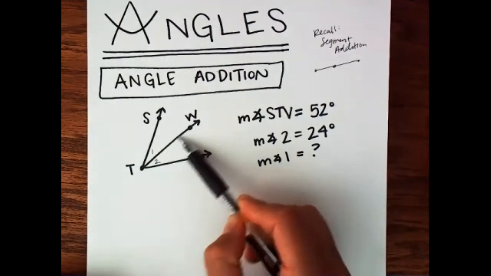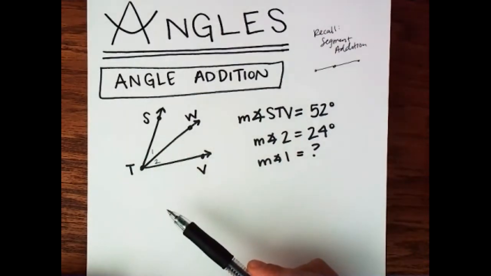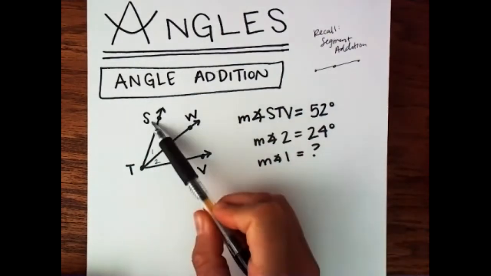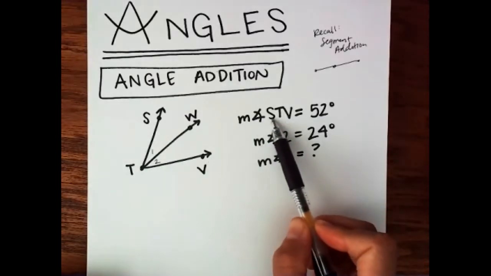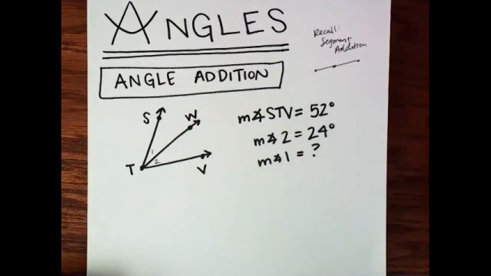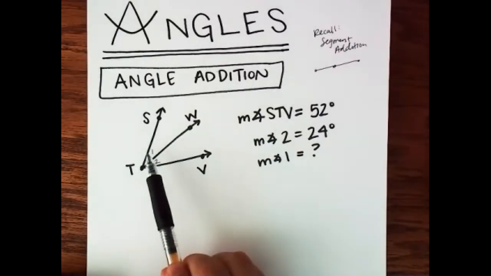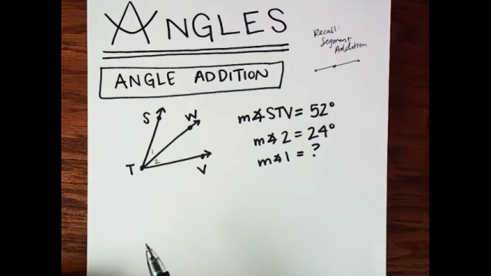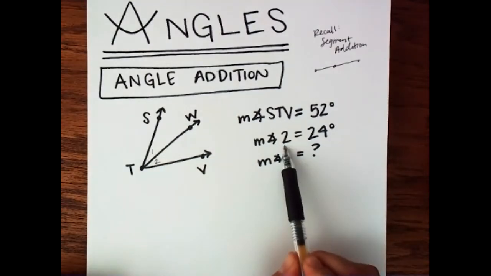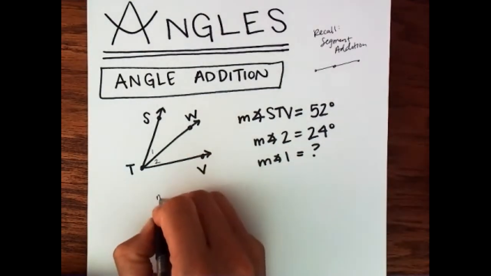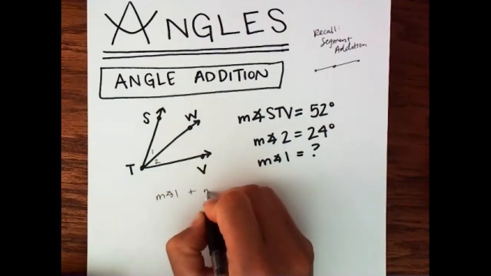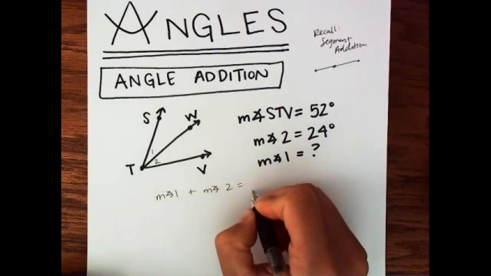So if you see here, we're actually given the measurement of our big angle, which is angle STV. Says it's 52 degrees, and then we have angle 1 and angle 2 within this big angle. So since we're given the measure of angle 2, the way we can solve for this is the measure of angle 1 plus the measure of angle 2, which is 24, to equal 52.